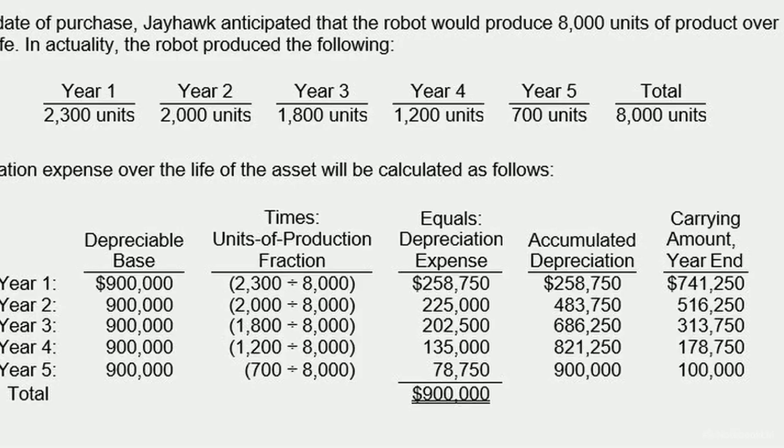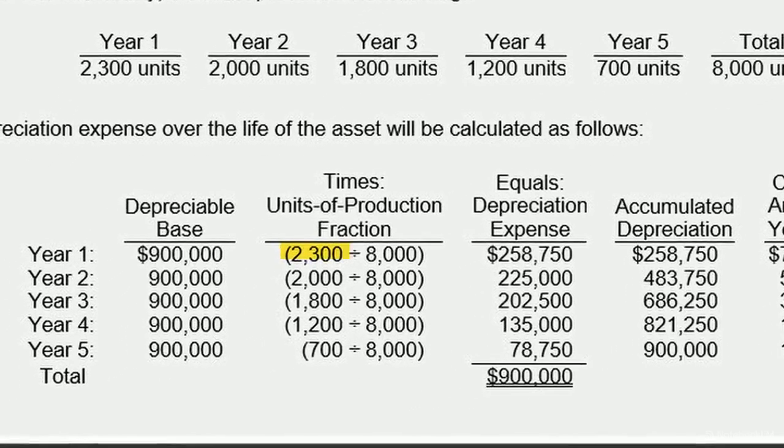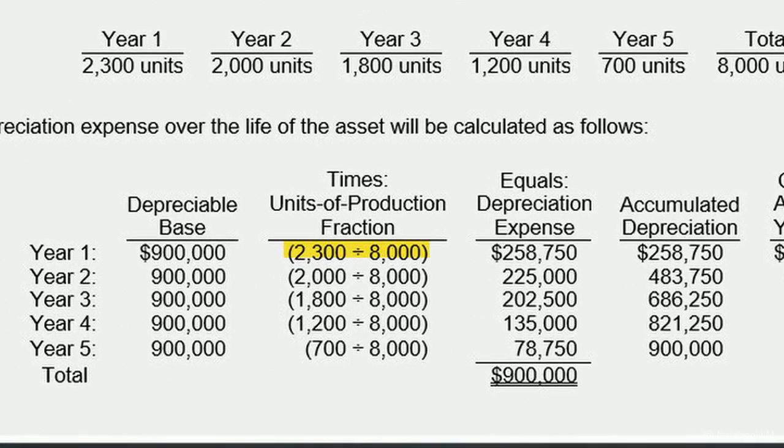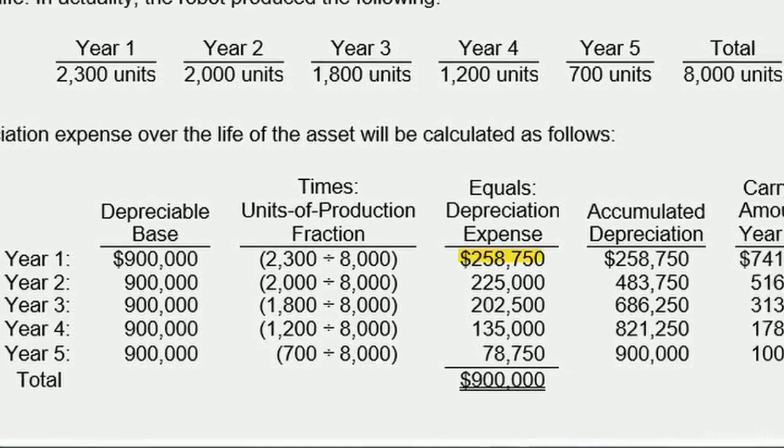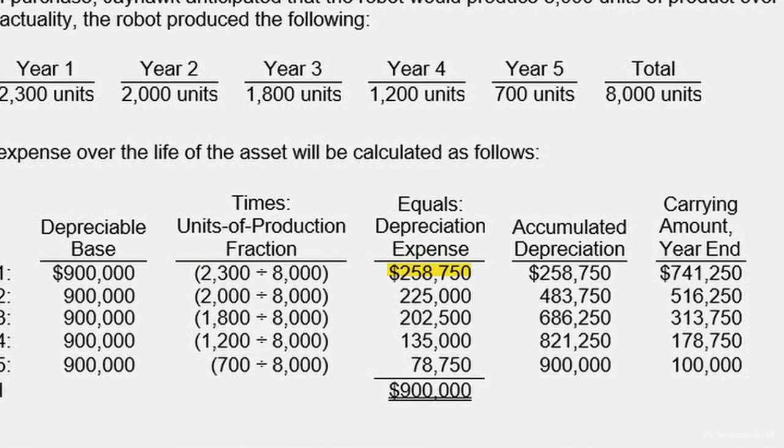This chart illustrates how fluctuating production writes the expense schedule. In year 1, we divide the 2,300 actual units produced by the 8,000 lifetime capacity to create a unique fraction. Applying that fraction to our base yields a year 1 expense of $258,750. Because utilization was high early on, this charge is significantly larger than what the straight-line method produced.